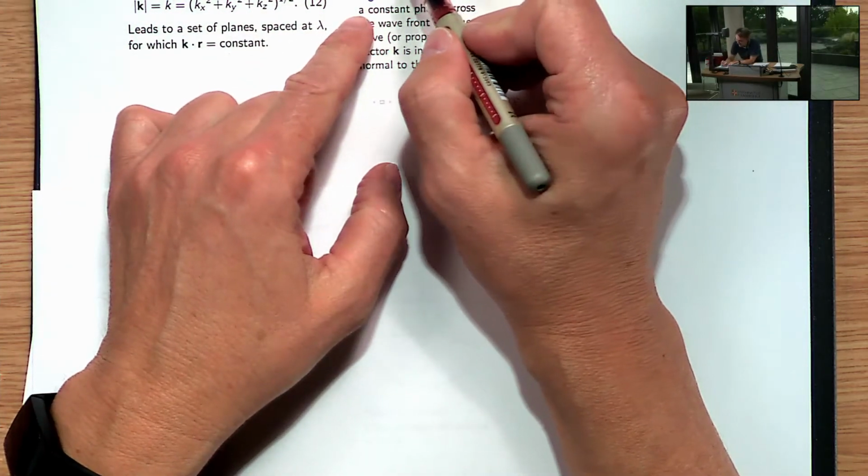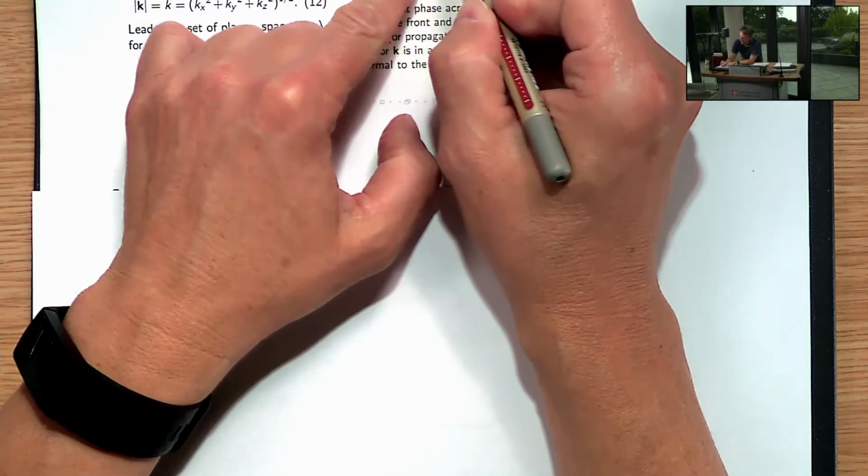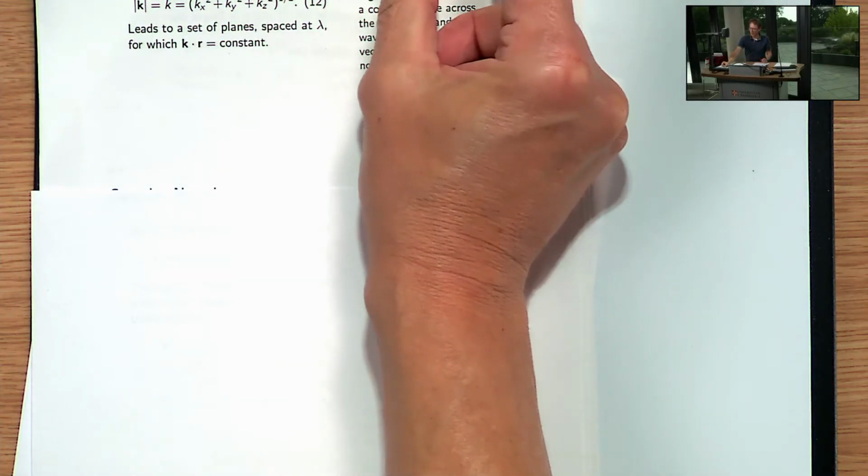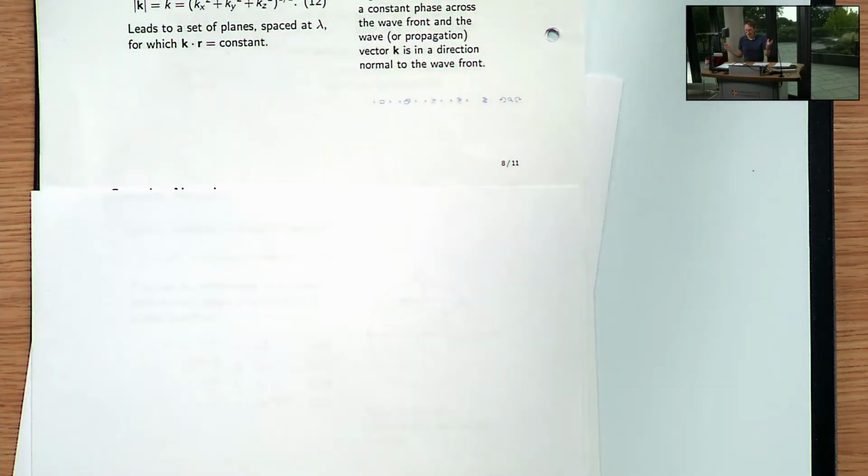So we have this k dot r. The reason why I've done this is because it leads to something slightly simpler. You can imagine, right, that if I have different r's around here, then at different distances from the origin, the phase will change in this plane wave, right? That makes sense.